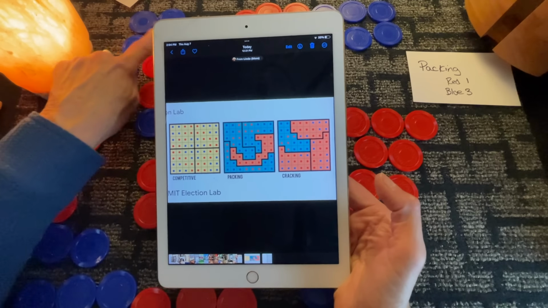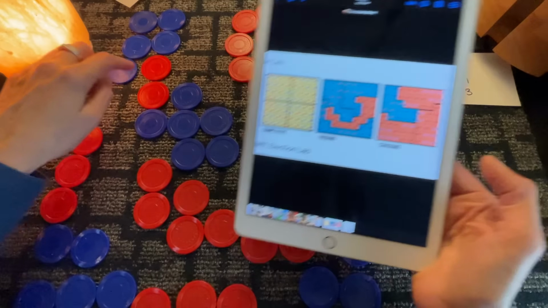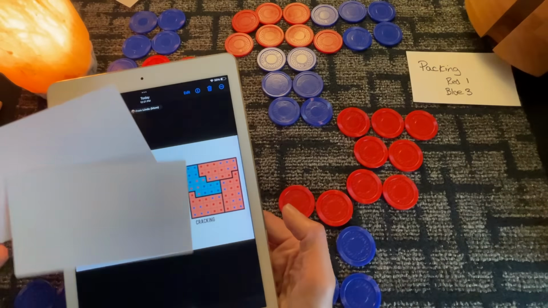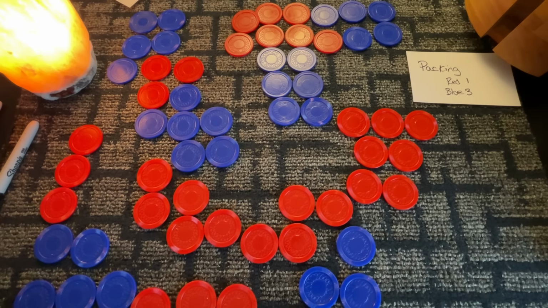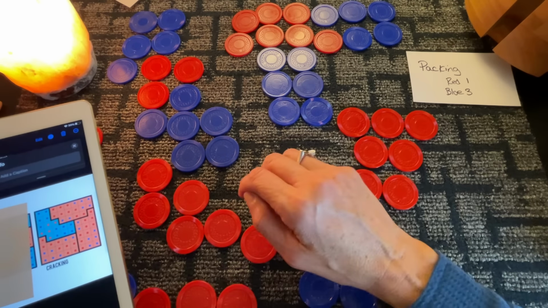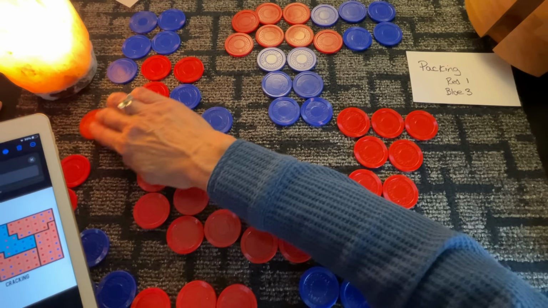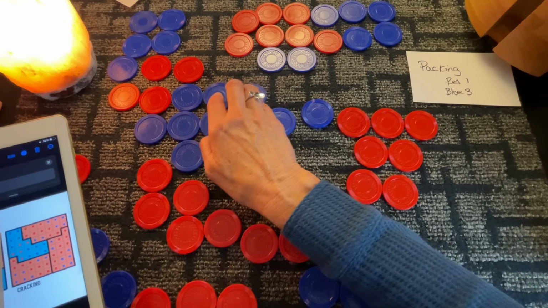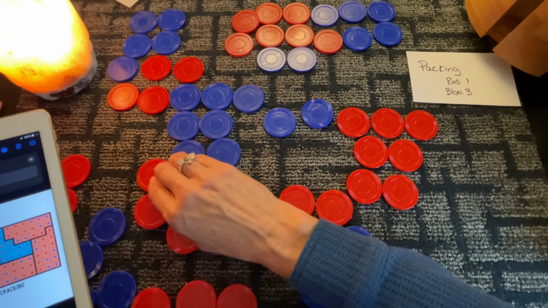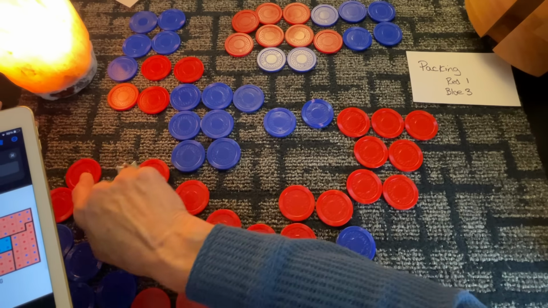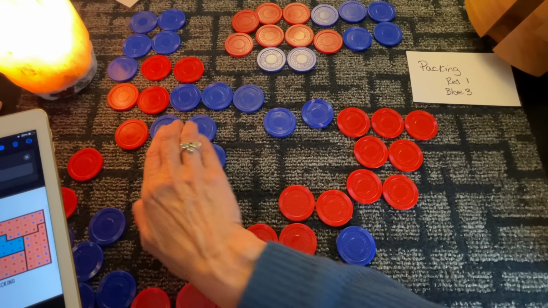Okay, blue, blue, blue, blue, blue, red, red. Why do I keep looking at the wrong map? Cover it up. Okay, blue, blue, blue, blue, blue, red, red. Red, red, blue, blue, blue, red, red, not this red, red, blue, blue, blue.